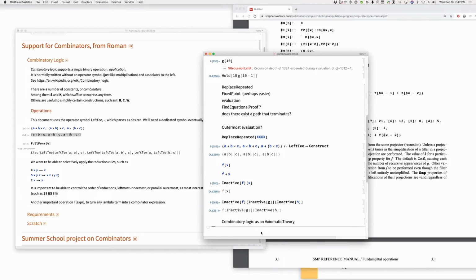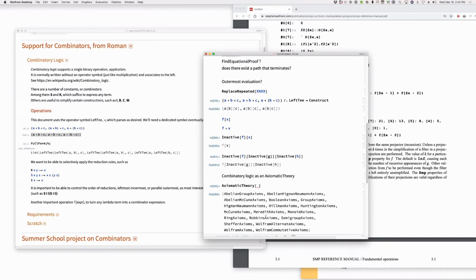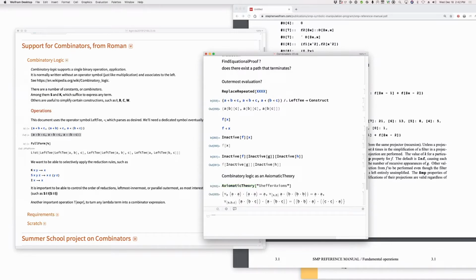So that's a good question. If we look at axiomatic theory, right? If we say something like, I don't know, the Scheffer axioms or something. So here, we do have essentially this idea. In these cases, these are more algebraic, and so they tend to have dot operations, not function application.